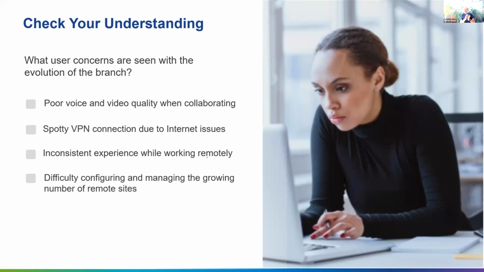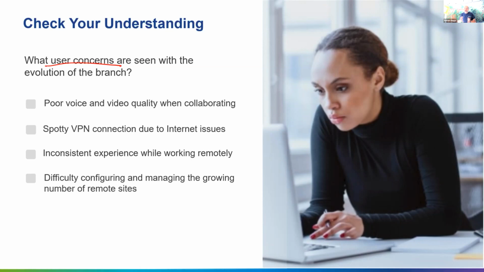We have understood the problem statement from the user point of view and from the IT operations point of view. So let's check what some of the user concerns are which are seen during the evolution of the branch and of the networking and security design, which will lead us to SASE, the convergence of networking and security.